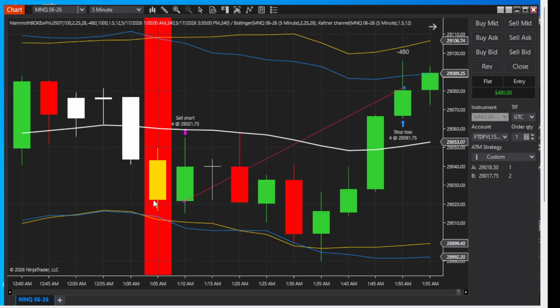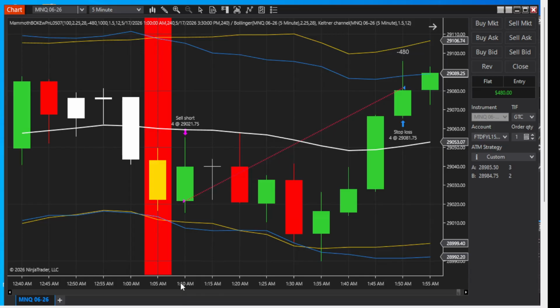Then this close is less than the current bar open, and the current close is less than the previous bar's close. Once that happens, the entry price is the open of this bar right here. These conditions are met, then they trigger the short.